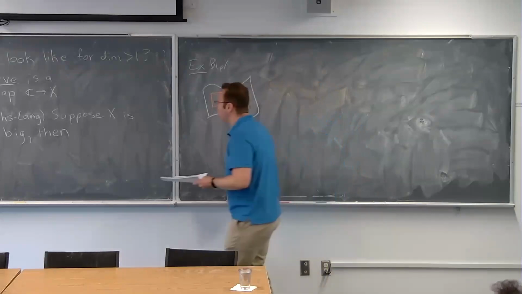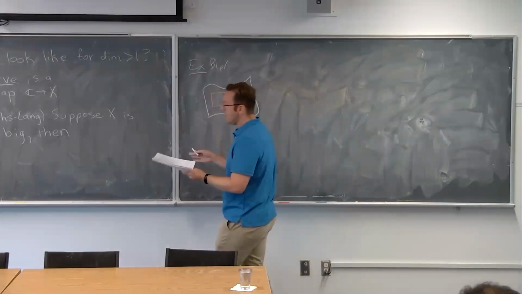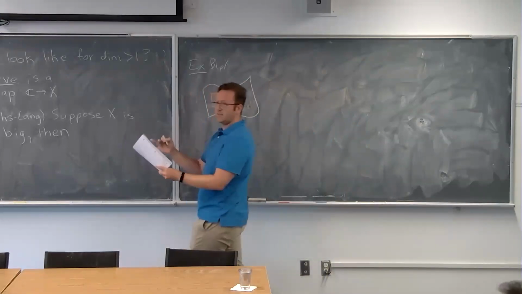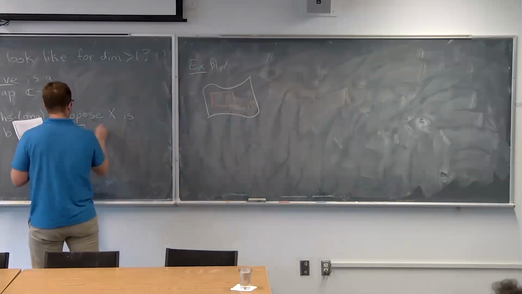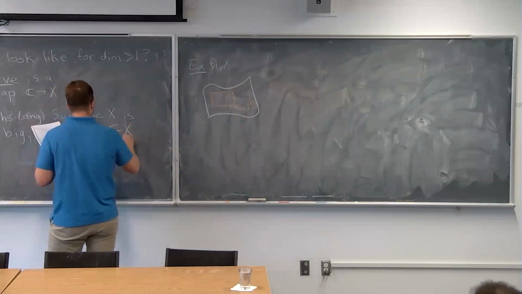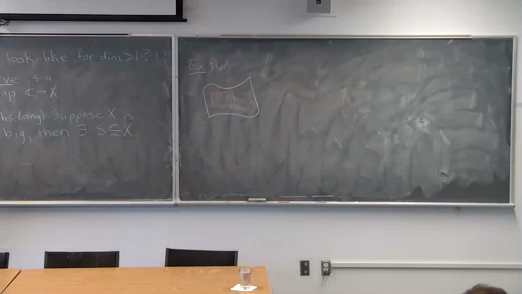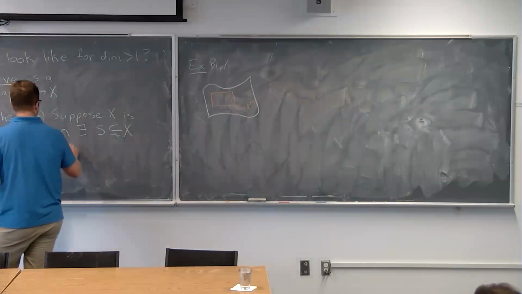The best we can hope for is that the entire curves are contained in some proper subvariety, and that's indeed what we say. There exists some proper subvariety S in X. When I say subvariety, I mean an algebraic subset. It could be a union of several. But it contains the images of all entire curves.